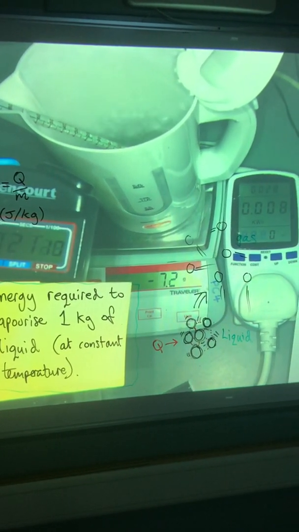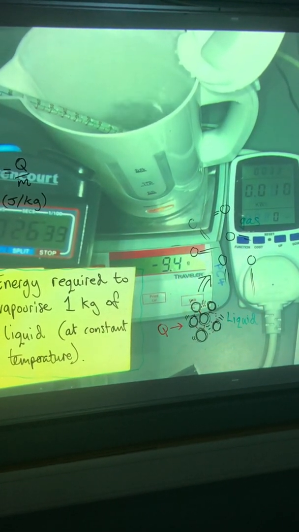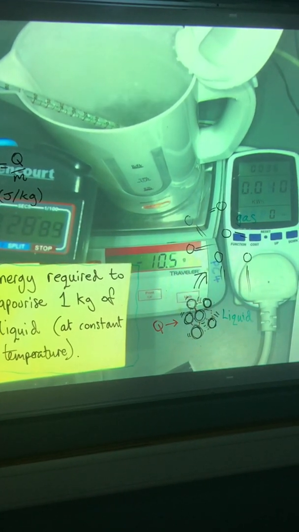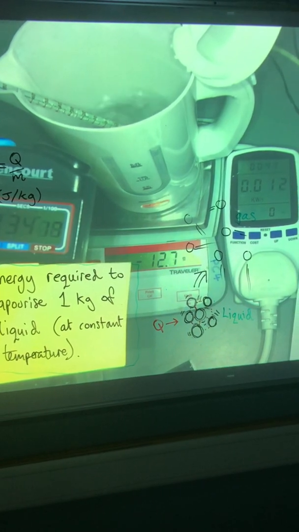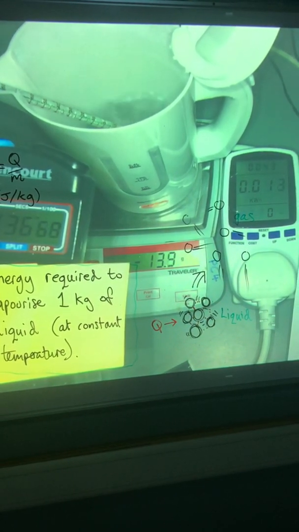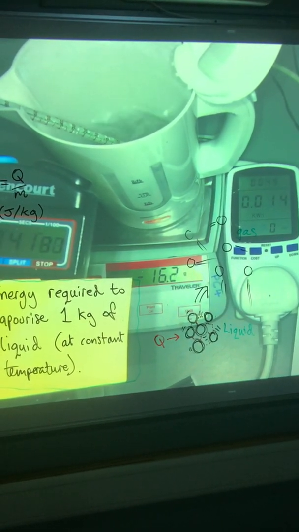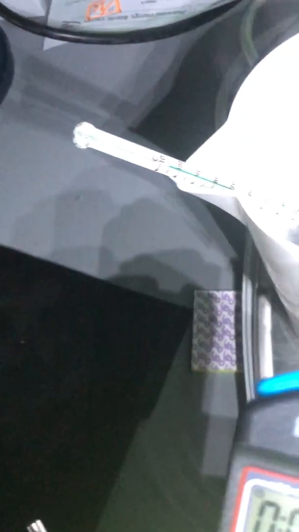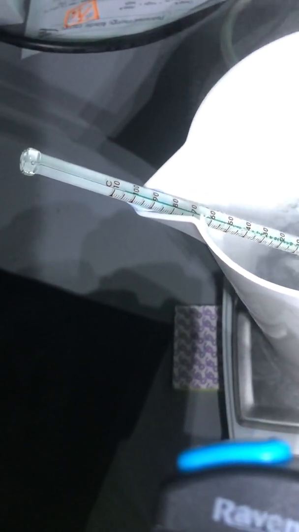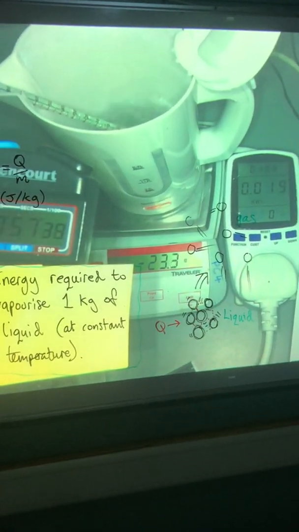So 20 seconds, that's 0.08, I think, on the hour meter. We're going to go for 40 seconds and take down the grams lost. It's losing quite a lot of mass quite quickly, isn't it? 40 seconds. Let's see what's happening to temperature. We probably can't note down the temperature, but yes, it's over 100. And we're going to be going for 60 seconds next.